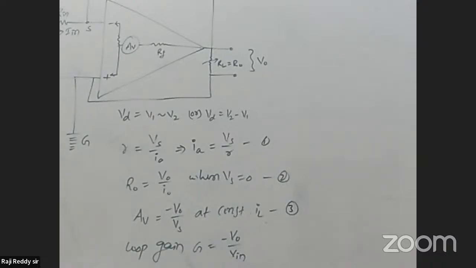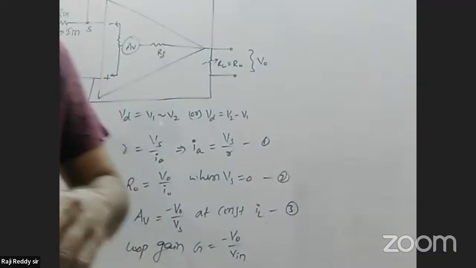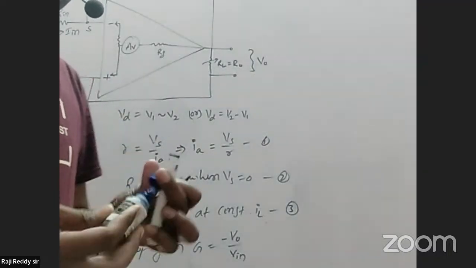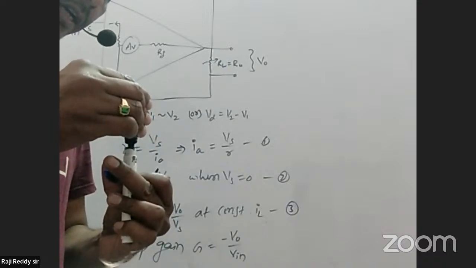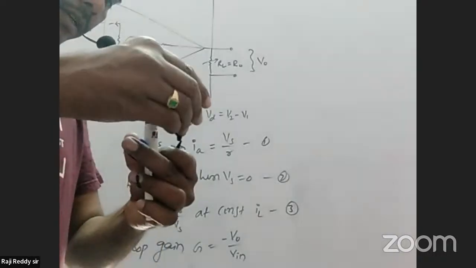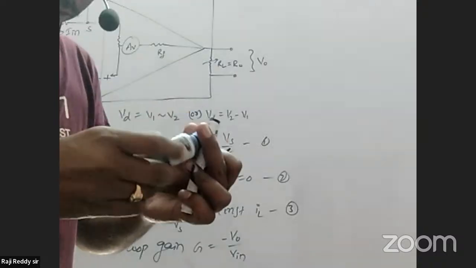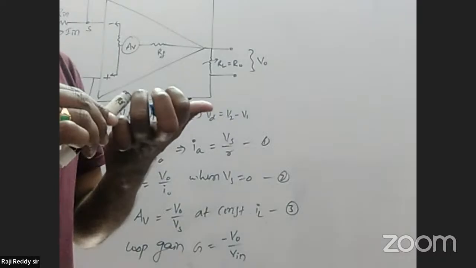Now you can apply Kirchhoff's first law at a junction S. Sum of current entering the junction is equal to sum of current leaving the junction.